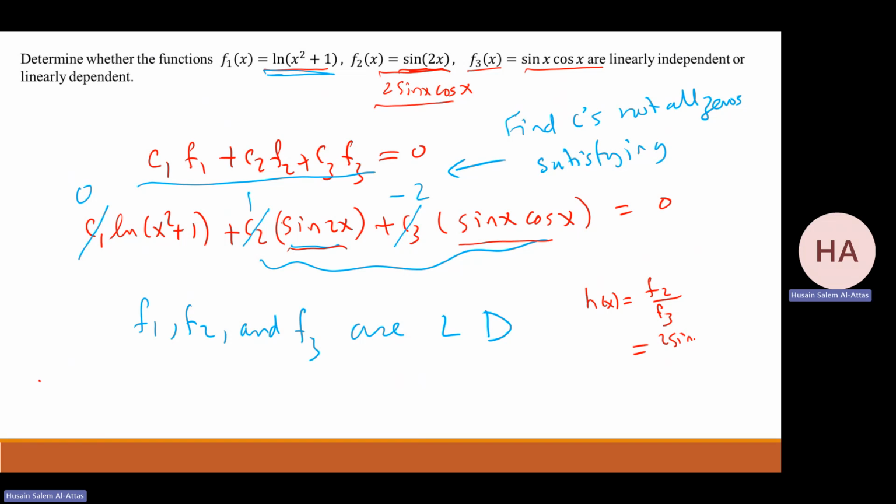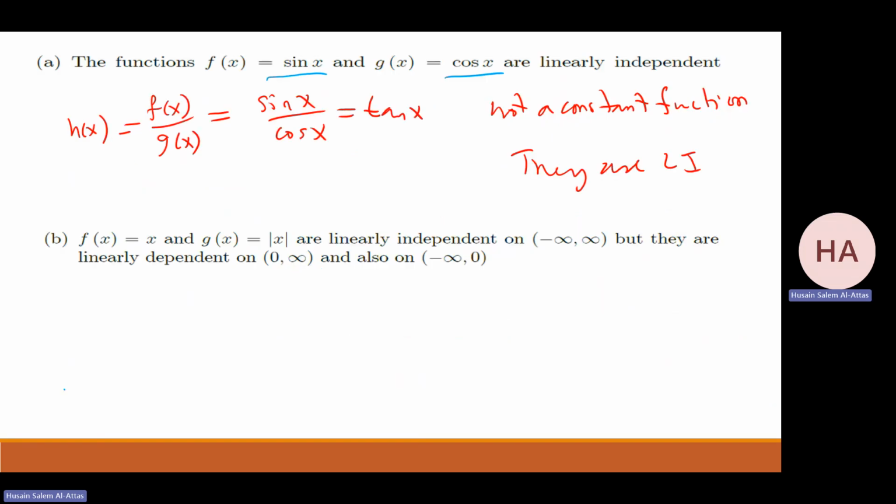That will be 2 sine x cosine x over sine x cosine x. That gives me 2, which is constant. So they are linearly dependent, and if you combine it with other functions, for sure they are still linearly dependent, because they take these c's to be 0.